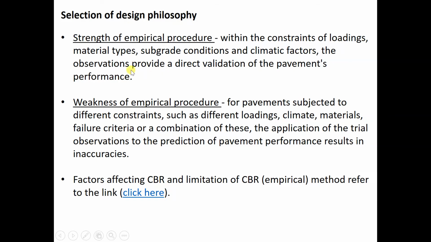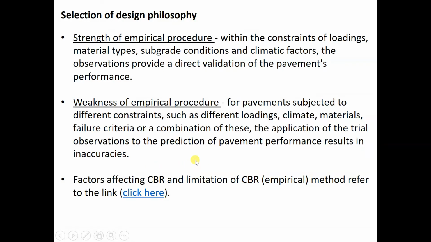But what are the weaknesses of the empirical procedure? For pavements subject to different constraints such as different loading, climate, material, failure criteria, or a combination of these, the application of trial observations to the prediction of pavement performance results in inaccuracies.